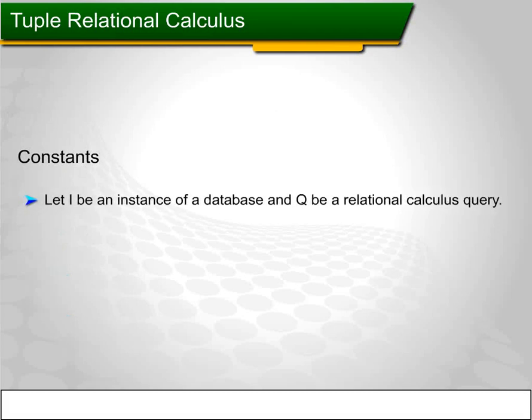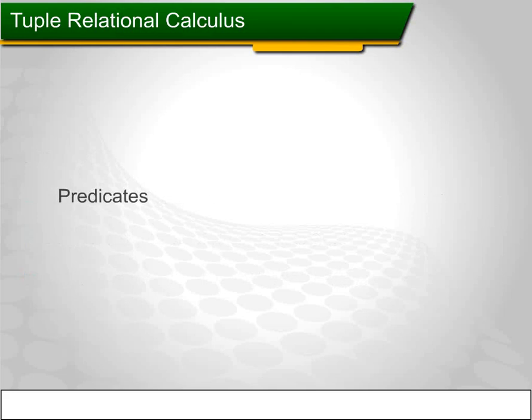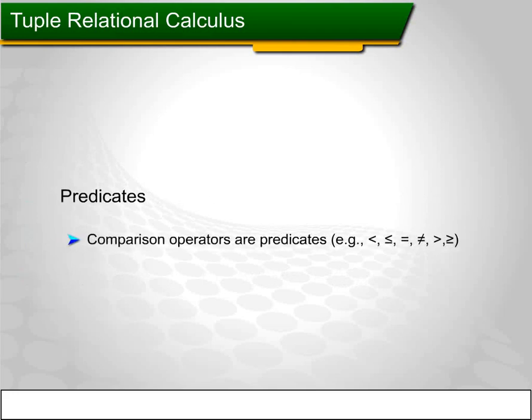Constants. Let I be an instance of a database and Q be a relational calculus query. Domain(I, Q) is the set of all constants in Q or I. Let Q(I) denote the relation resulting from applying Q to I. Predicates.